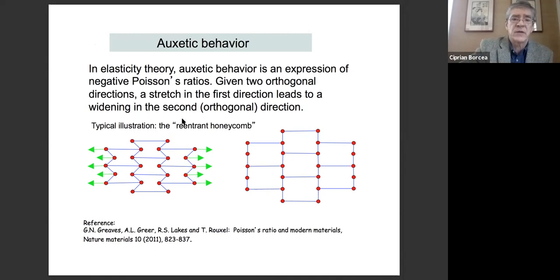So Poisson's ratio is the ratio of this lateral behavior to stretching.